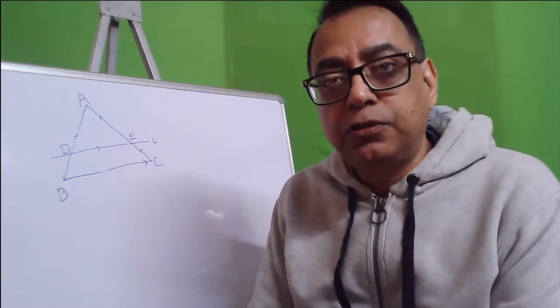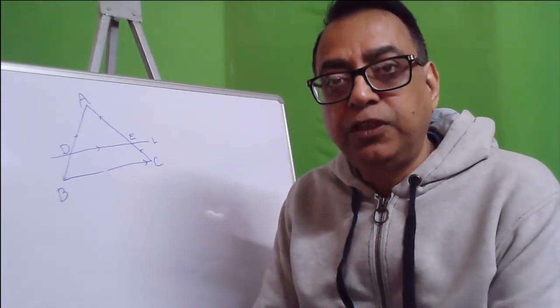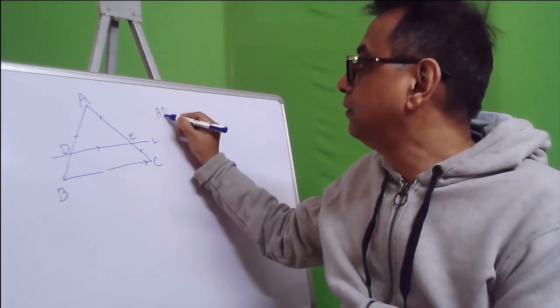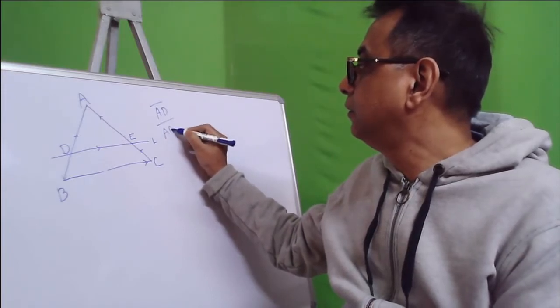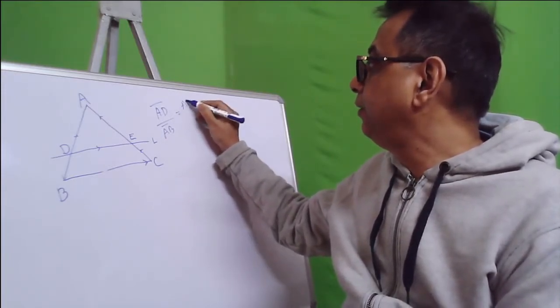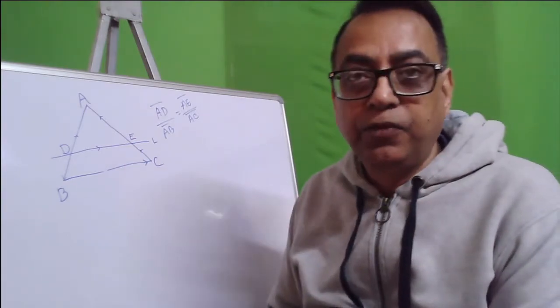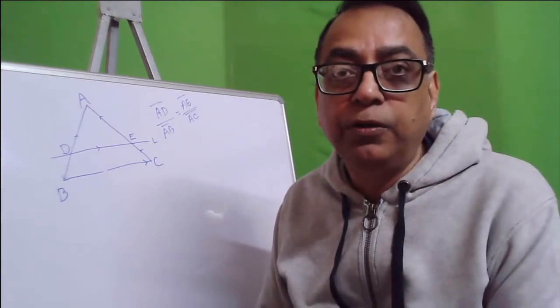So we will use vectors to prove this, that is, AD by AB is equal to AE by AC. This we are going to prove using vectors.